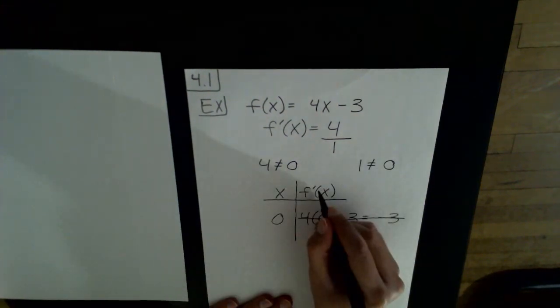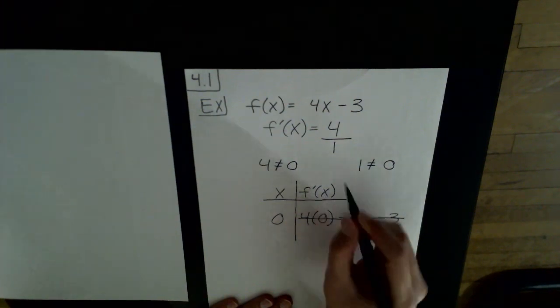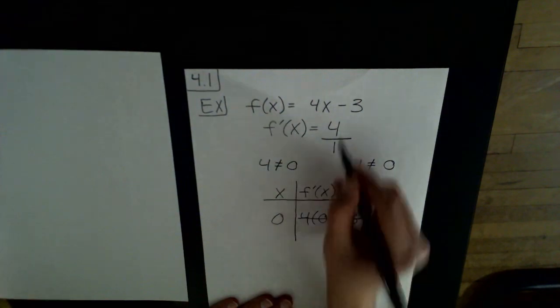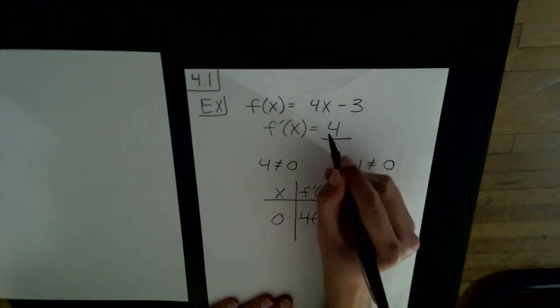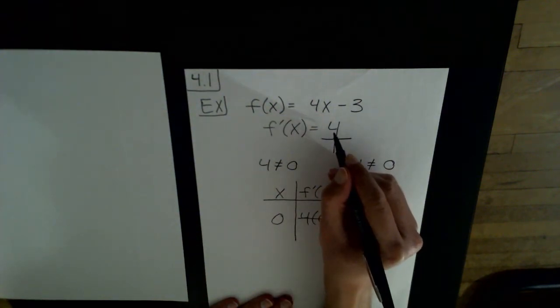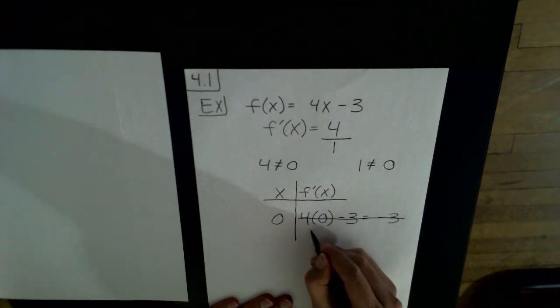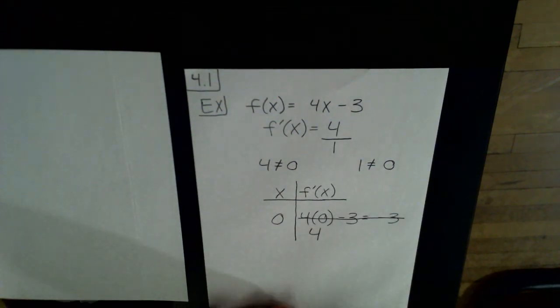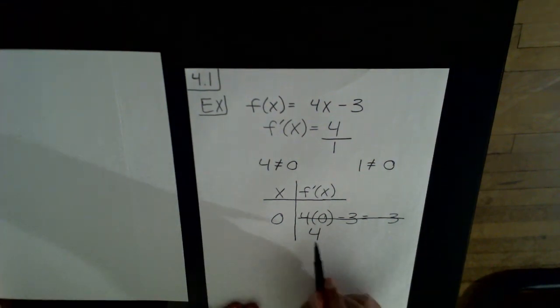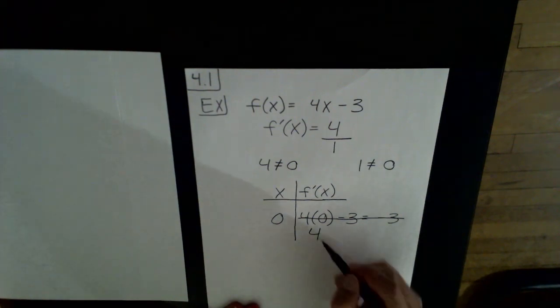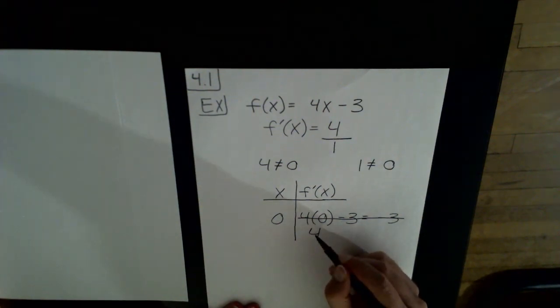We are plugging it into the first derivative. So plugging 0 into f prime of x equals 4, there is nowhere to plug 0 in. The result is just always equal to 4. Again, I apologize for the confusion there. So, what does that tell us?